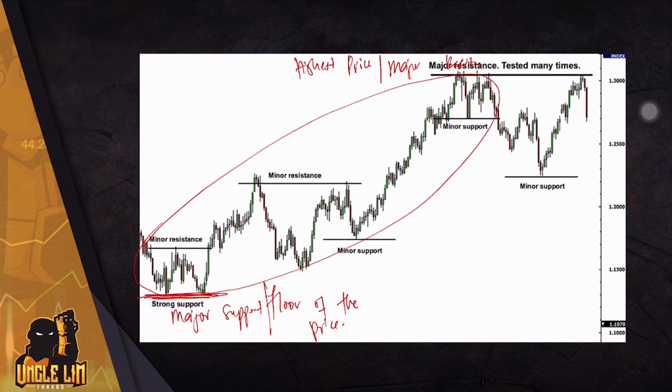Okay, so how do we know there is a major support and also major resistance? When there's a multiple test of the same price before it goes into reverse, that is the major one. Okay, there are multiple tests. It means the price will test that level many times.